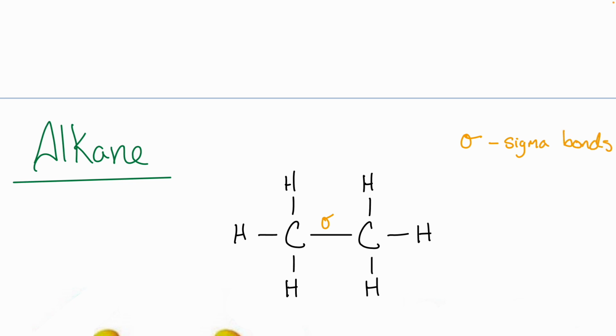A sigma bond is exactly what you would have in your head when you pictured a covalent bond, right? A covalent bond means that there's a pair of electrons being shared. In a sigma bond, that pair of electrons being shared is located directly between those 2 atoms. So my carbon-carbon single bond here, these carbon atoms are sharing this pair of electrons. Where does that pair of electrons live? Directly between those 2 carbon atoms.